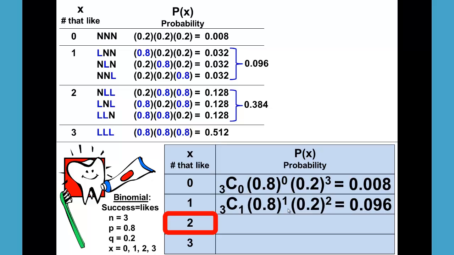For x equals 2, it works the exact same way.